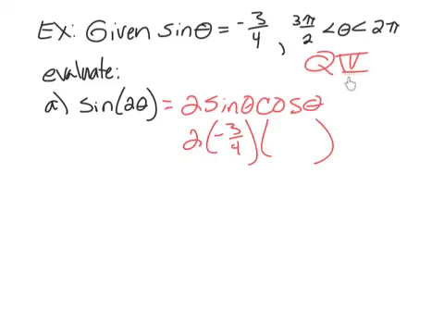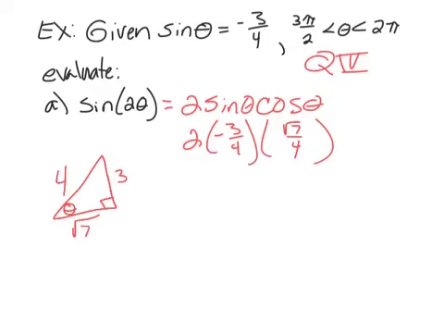It's quadrant 4, which means it's going to be positive. So I need to create my right triangle, and here's theta. If sine is 3 over 4, that means 3 is opposite, 4 is the hypotenuse. I need to use the Pythagorean theorem to find that this side is radical 7. So in the end, my ratio over here is going to be radical 7 over 4.